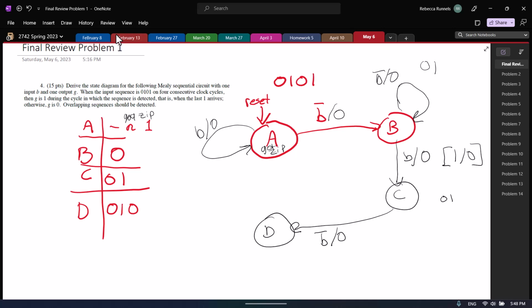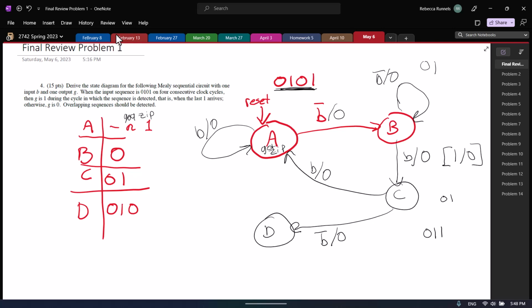If I get a 1, however, so if I have a 0, 1, and then I get a 1, well, I now don't have anything towards my progress, because I need to have 0, 1, 0, 1, and I have a 1. And so that brings me all the way back to state A. So that would be B/0.